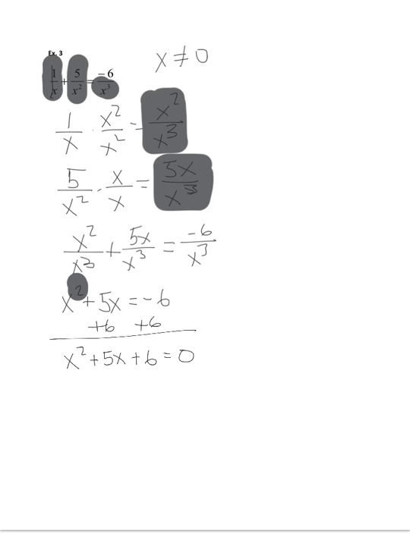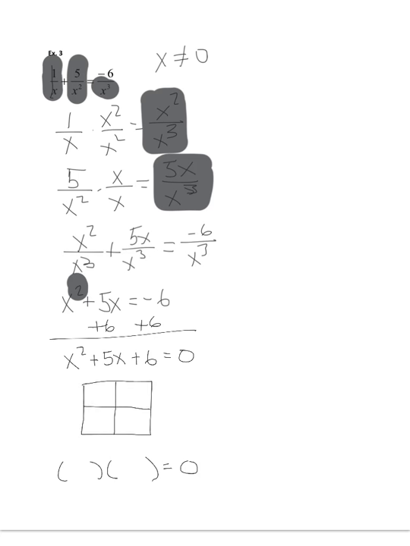Well, I've set it equal to 0, and now I know I need to factor. I want to know what two terms times each other is equal to 0. But to get from standard form to factored form, I know I need to go through the box method.